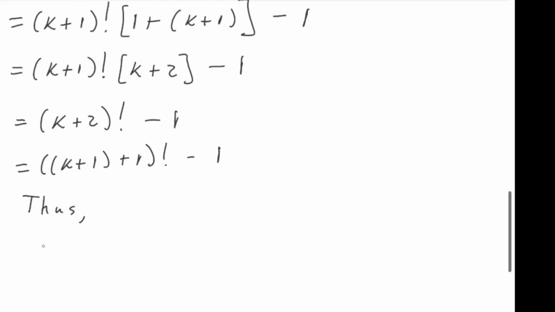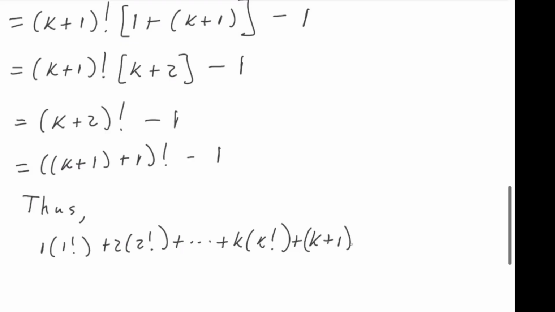Right? 1 times 1 factorial plus 2 times 2 factorial plus dot dot dot plus k times k factorial plus (k plus 1) times (k plus 1) factorial is equal to (k plus 2) factorial minus 1.